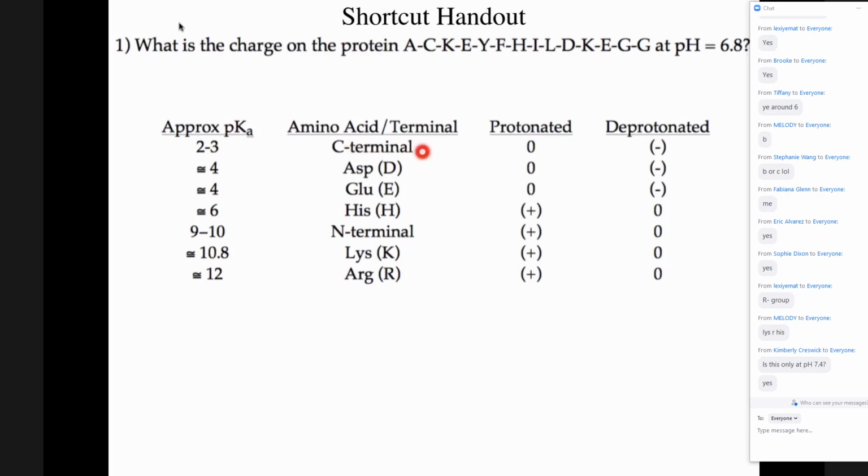The C terminal, C, D, E, H, N, K kind of messes up my alphabetical order thing, and R. Side chain, I'm sorry, C terminal, roughly 2 to 3. N terminal, roughly 9 to 10. Side chains of carboxylic acid, close to 4, not precise. Histidine around 6. Lysine around 11. Arginine around 12.